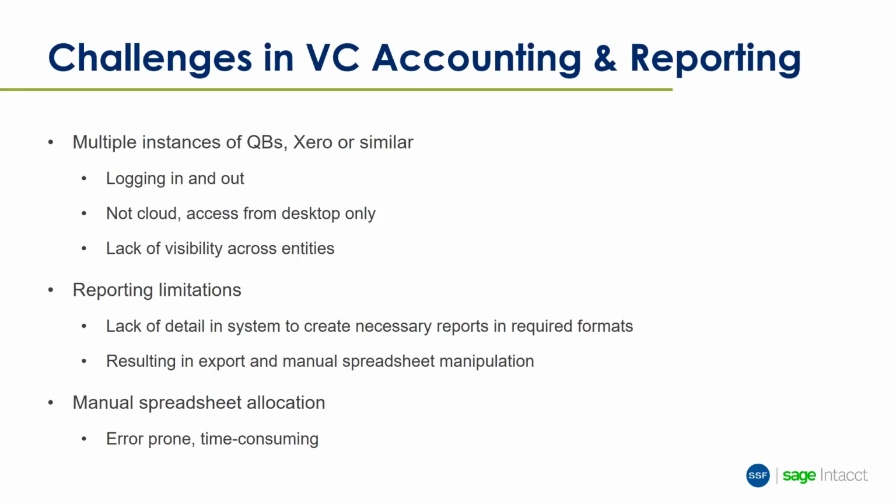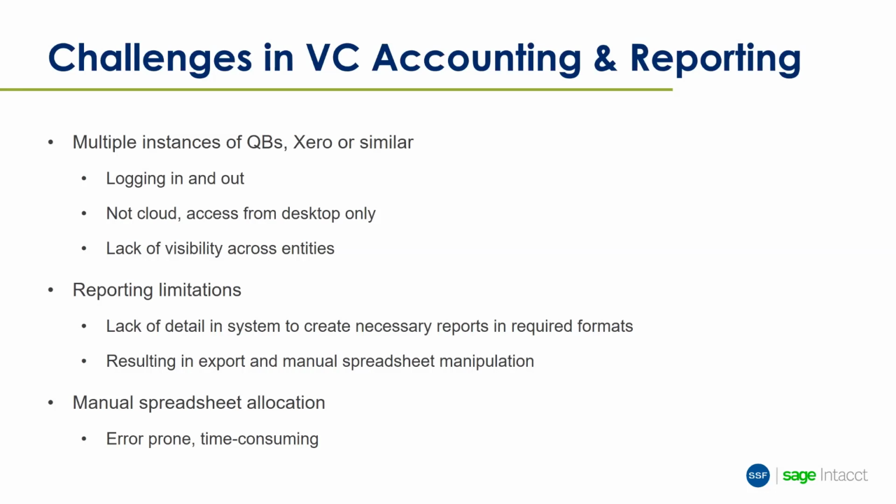They also tell us that they have lots of reporting limitations. Typically, these starter type systems lack the kind of detail in the system itself to create the necessary reports in the required formats. And so that often leads to exporting information out from your accounting system out to Excel.